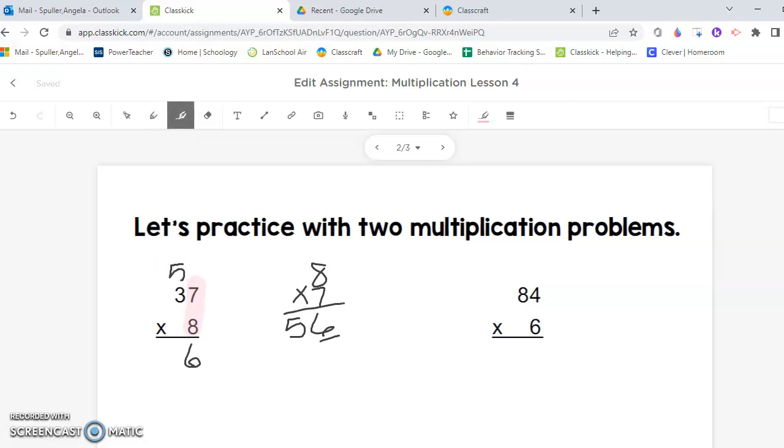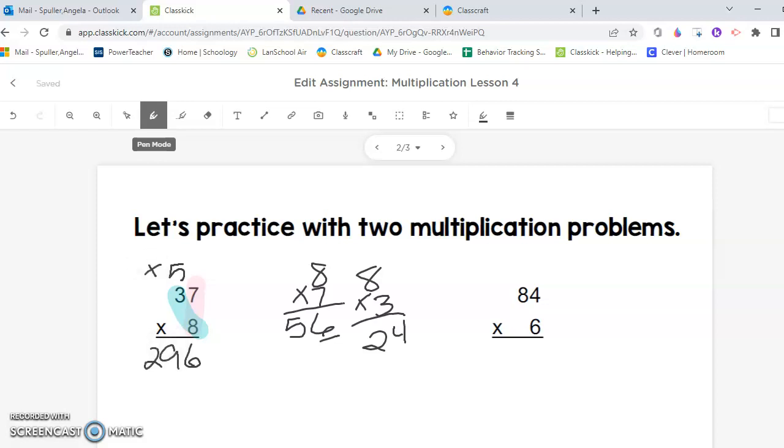Now it's time, let me get a new color, to do 8 times 3. Well, 8 times 3 is 24. Now remember, this is in the tens place, so it's really like saying 8 times 30. But 8 times 3 is 24. Add the 5, we get 29.